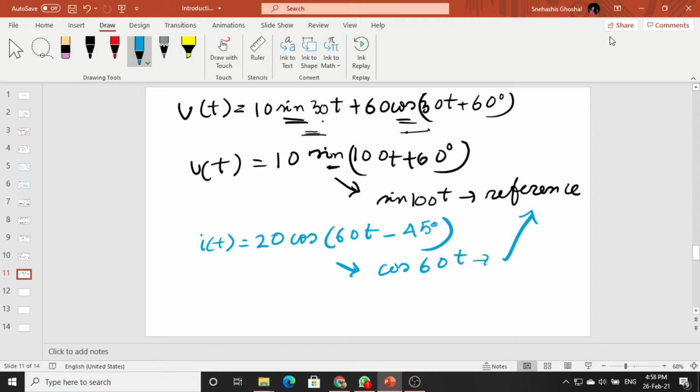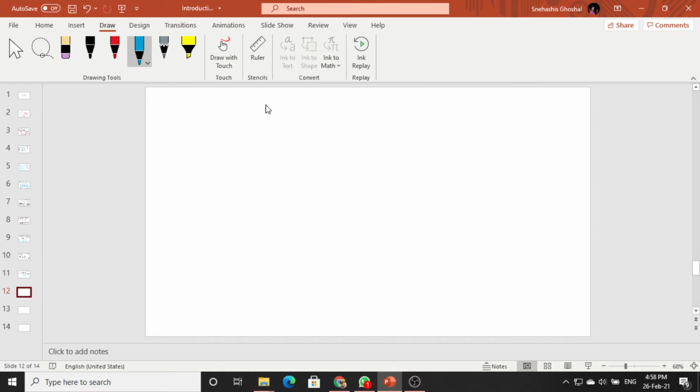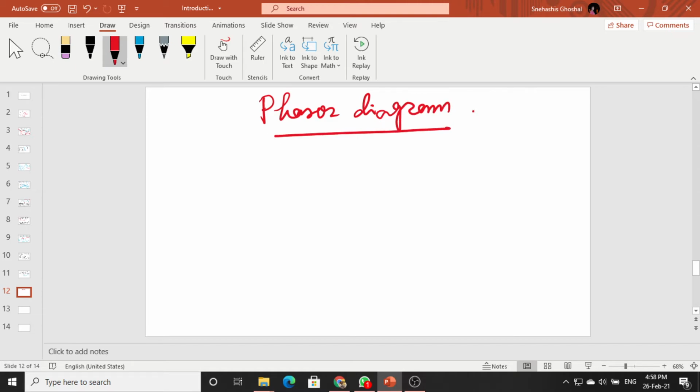Now we will be focusing on an important concept, that is the phasor diagram. Very important thing. Very important. So obviously in the phasor diagram we will consider the polar form.